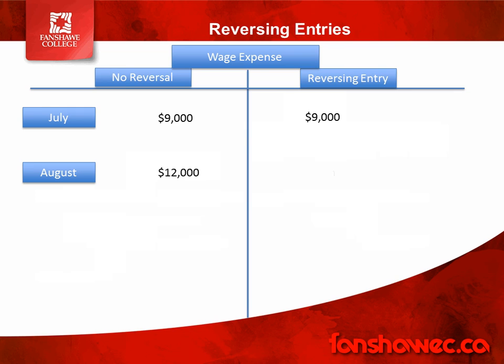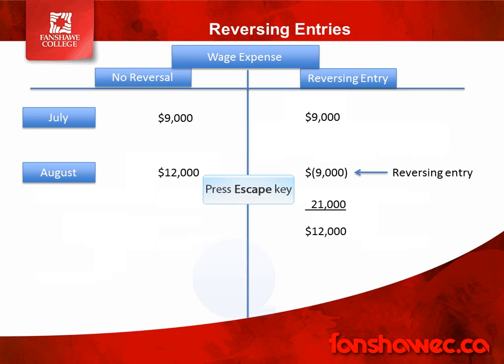But then think of the payroll entry when payroll was actually paid. We simplified it. All we did was credit cash, debit wage expense for the full $21,000. So we set up that $9,000 reversing entry. We record payroll with a simplified debit to expense, credit to cash entry, and look, the net impact is $12,000.